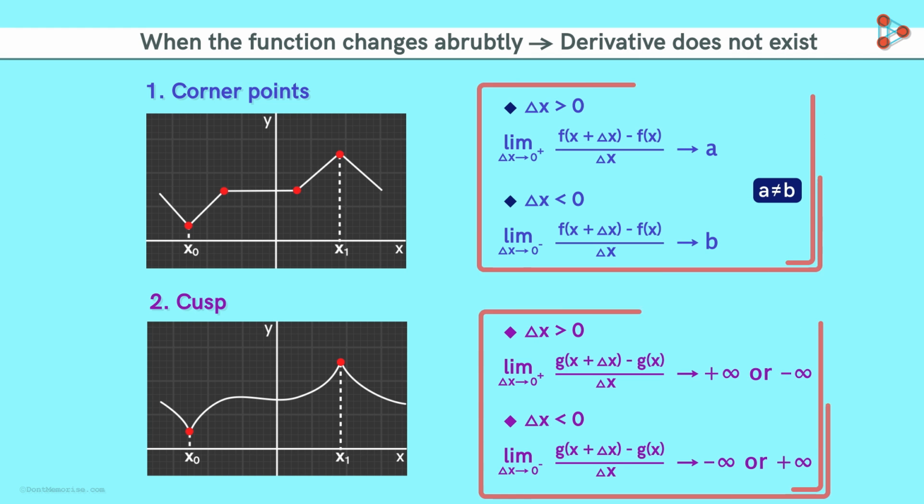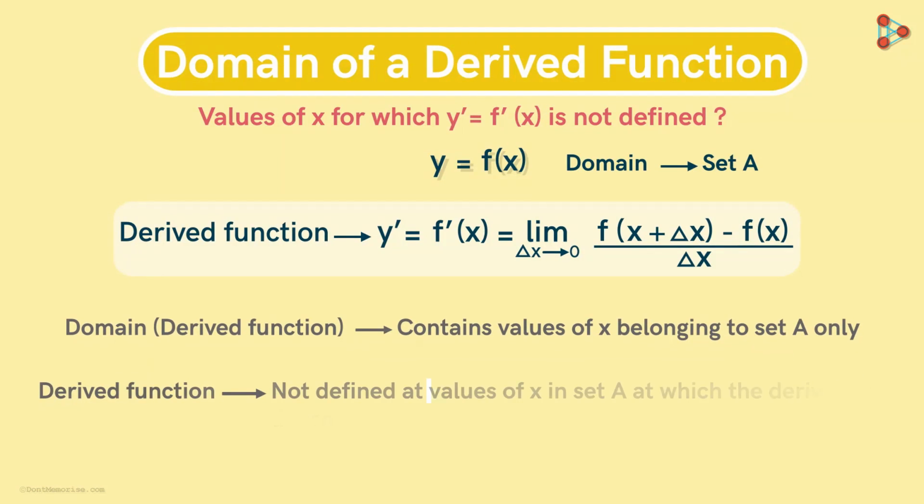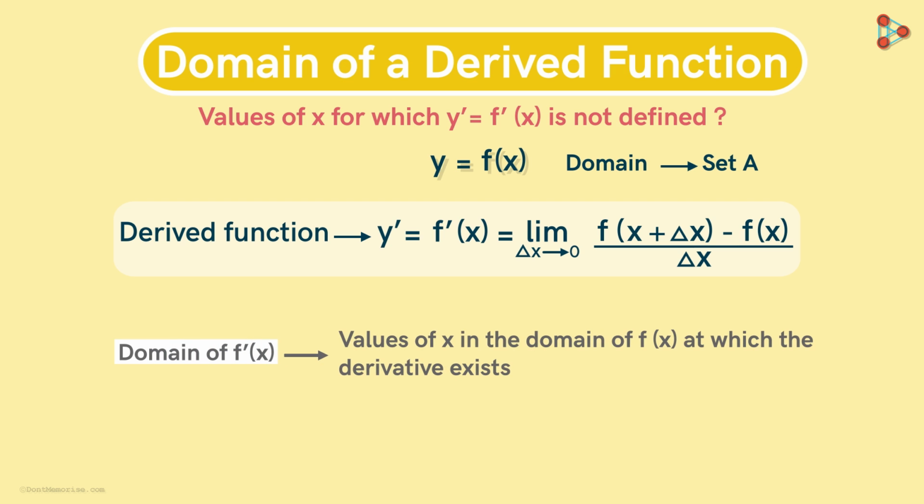It's because this limit does not exist. So this means that at the values of x in set A, where the derivative does not exist, the derived function will not be defined. Therefore, the domain of the derived function is equal to all the values of x in the domain of this function at which the derivative exists.